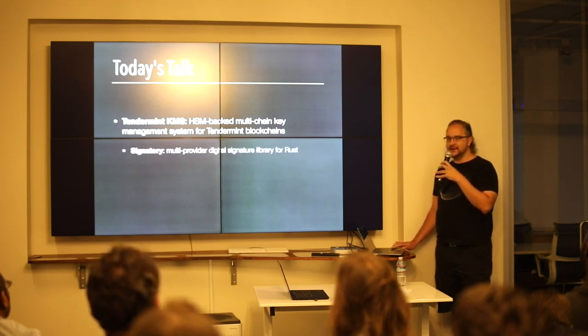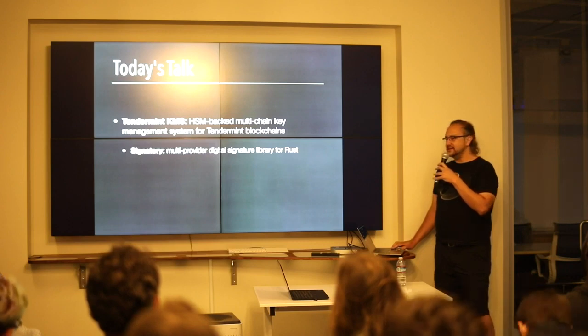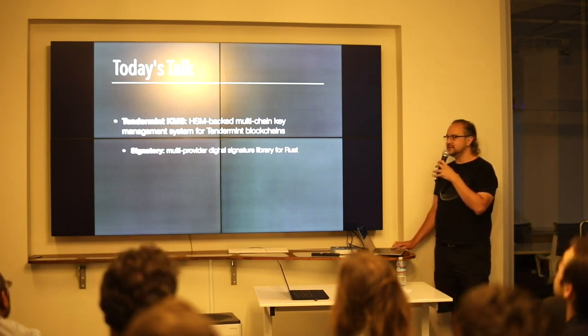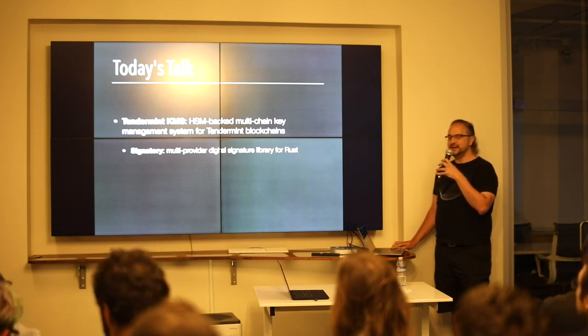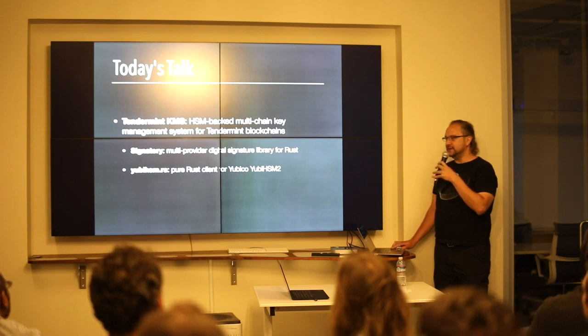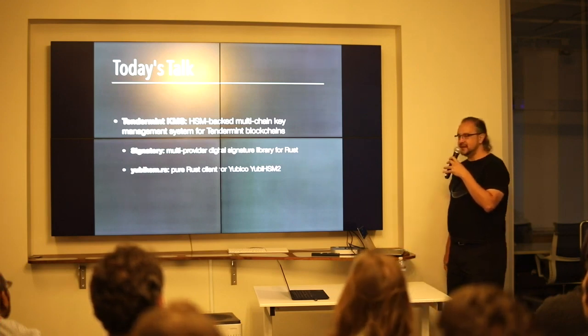So one is Signatory. Signatory is a general purpose multi-provider digital signature library for Rust. So it's kind of an abstraction for doing digital signatures. We also made ubhsm.rs.